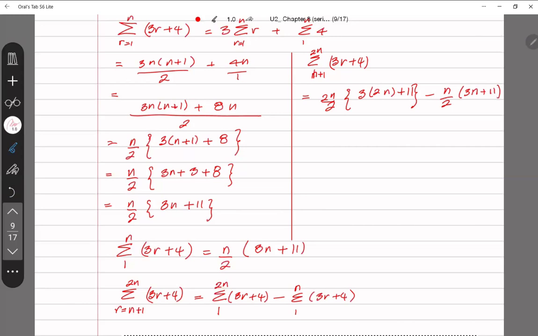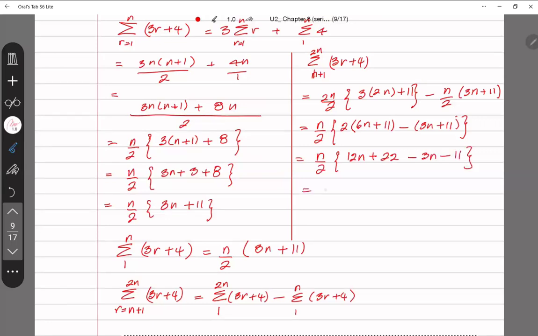Let's factor out n over 2. So we have n over 2. Inside the bracket, I would have 2 into 6n plus 11 minus 3n plus 11. Be careful not to make any mistakes. n over 2, then we have 12n plus 22 minus 3n minus 11.